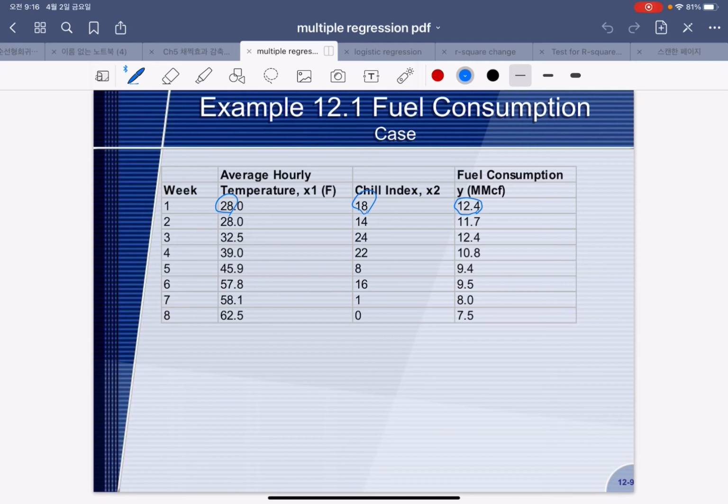So in order to get the standardized coefficients, you need to transform these data to standardized data. Standardized means what? Basically, you use this one.